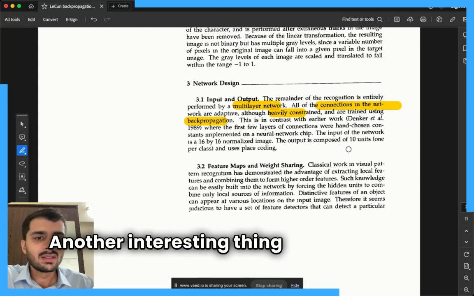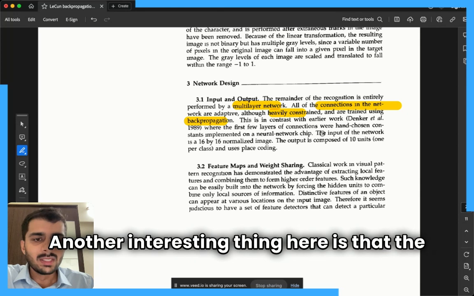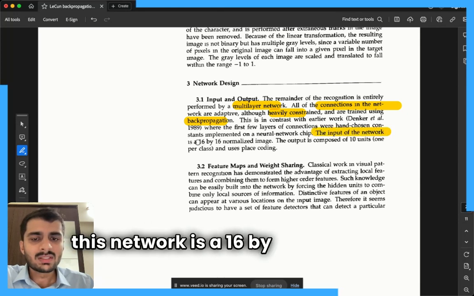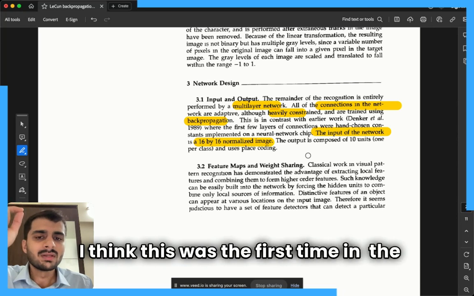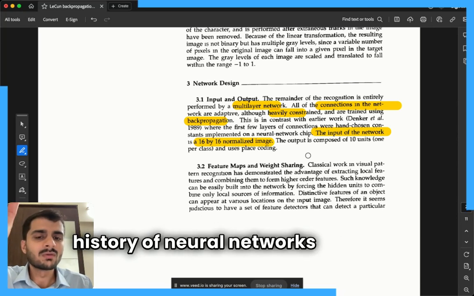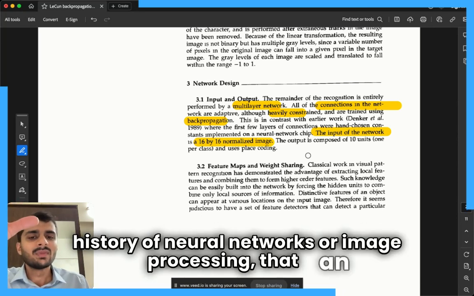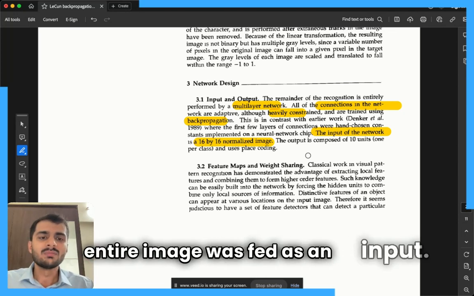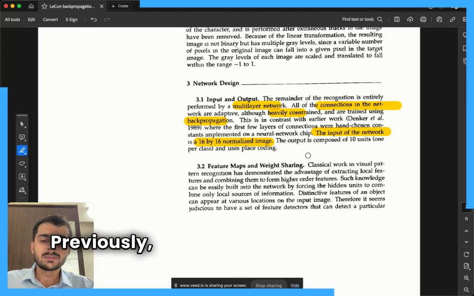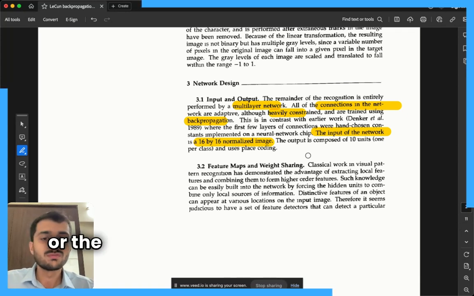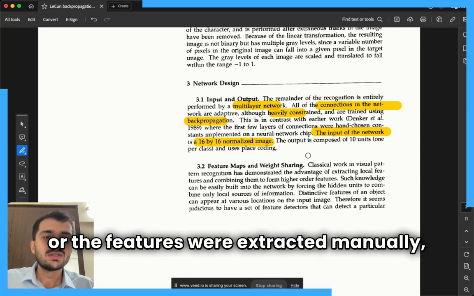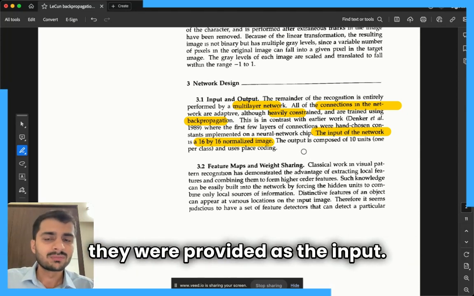Another interesting thing here is that the input of this network is a 16 by 16 normalized image. I think this was the first time in the history of neural networks or image processing that an entire image was fed as an input. Previously, vectors were provided as the input, or the features were extracted manually and then provided as the input.